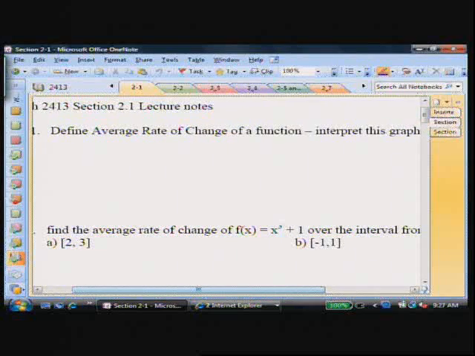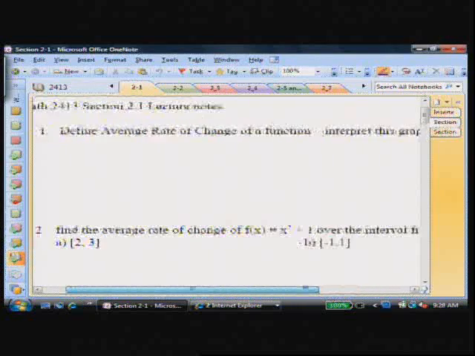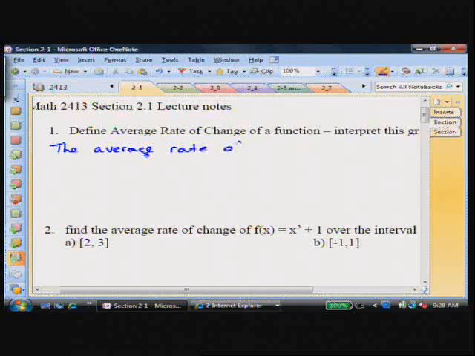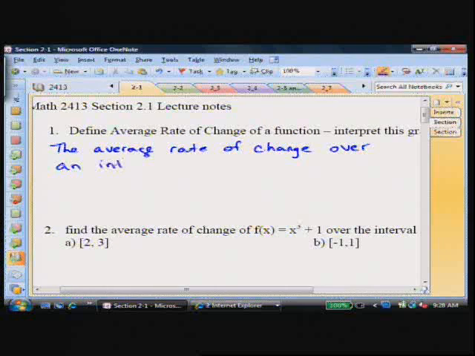Okay, so the first thing you're asked to do is to define average rate of change of a function and interpret this graphically. Okay, so the average rate of change over an interval, and, you know, in math, we like to put letters in just to make it generic, right?